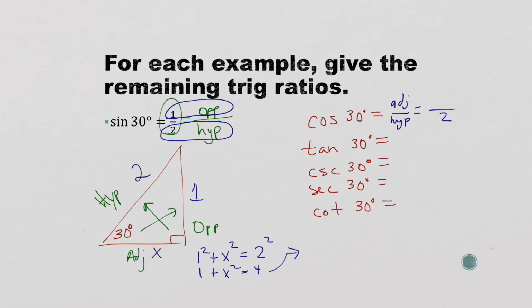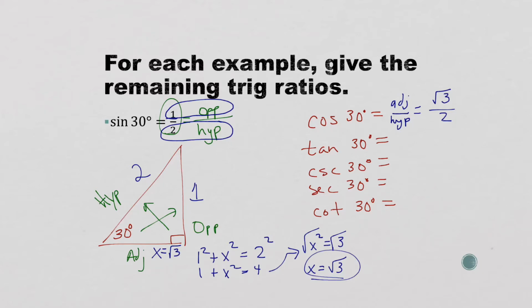And I get x squared equals 3, square root both sides, and x equals the square root of 3. And I would leave it as the square root of 3. We're going to want definite answers as we're working through this unit. So, this side equals the square root of 3. So my adjacent side, square root of 3.